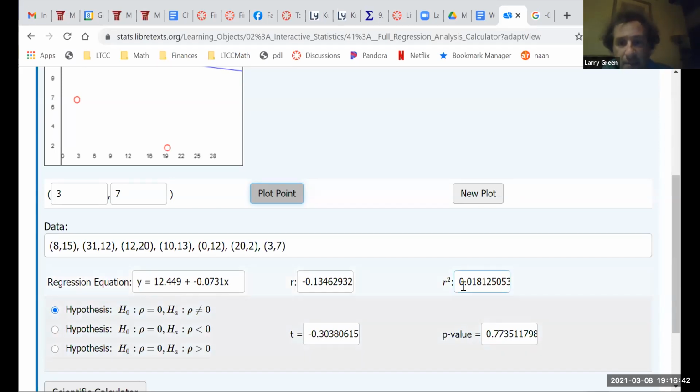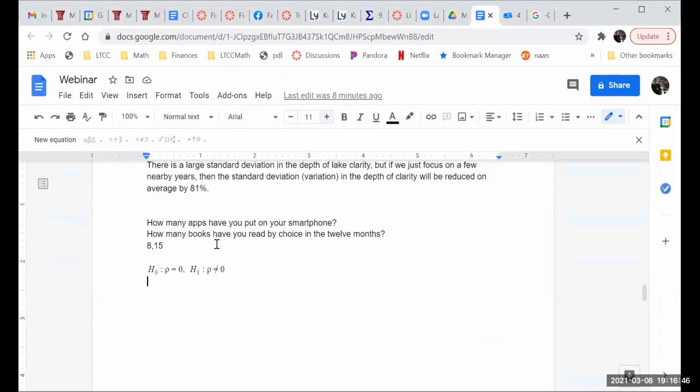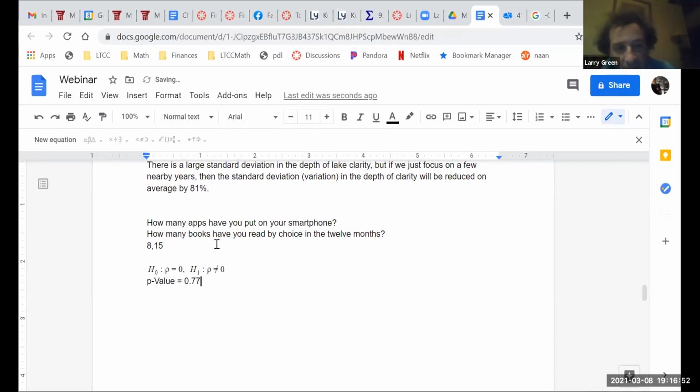Okay, so our p-value is 0.77. Let me write that in. In this case it is 0.77. So that means we fail to reject.